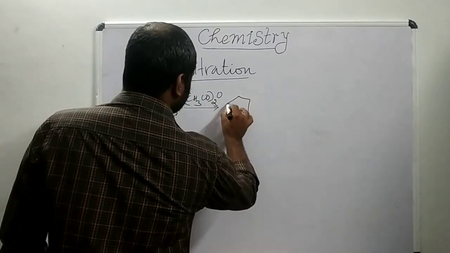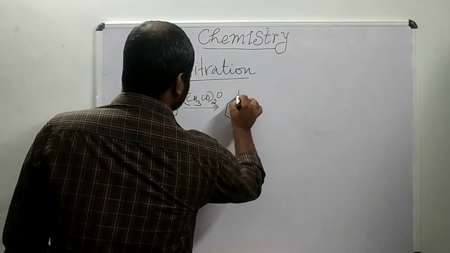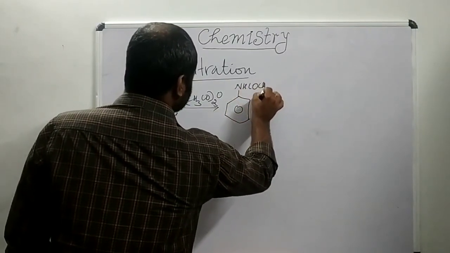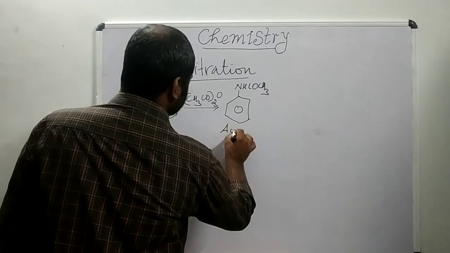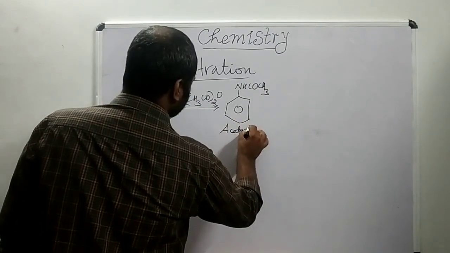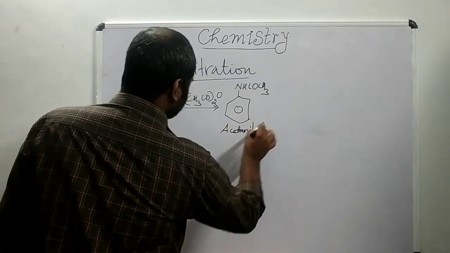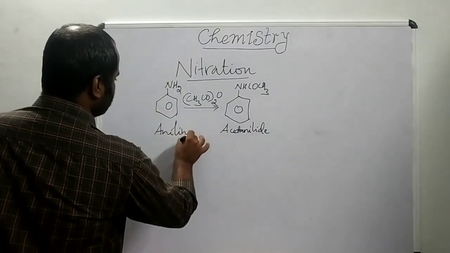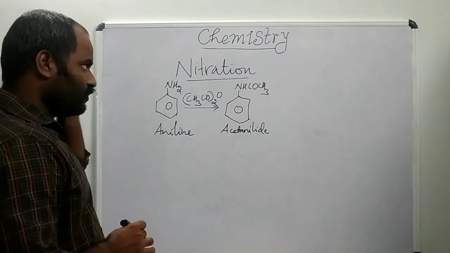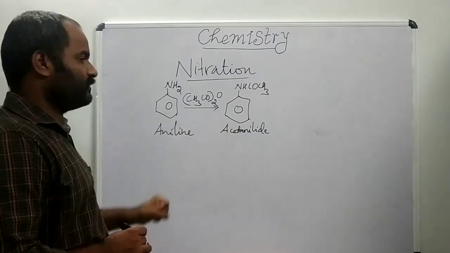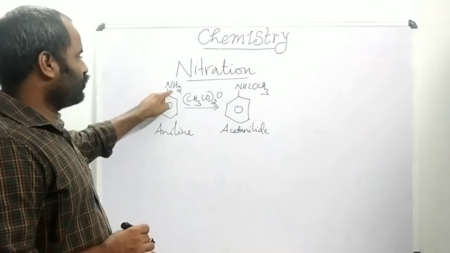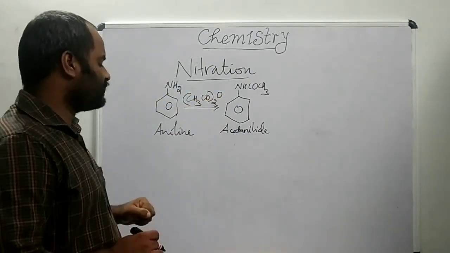So you get this compound, benzene ring with NH-CO-CH3. This is acetanilide, and this one is aniline. So aniline can be converted to acetanilide on reaction with acetic anhydride, to protect the NH2 group.